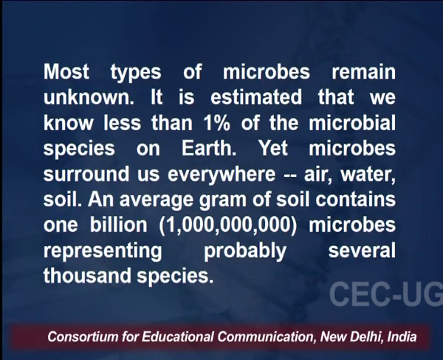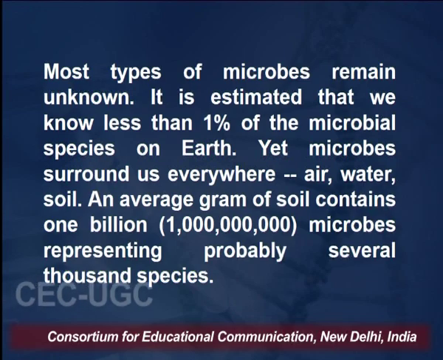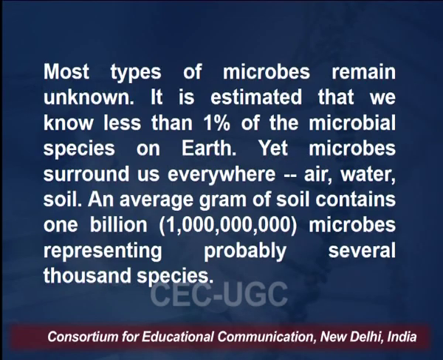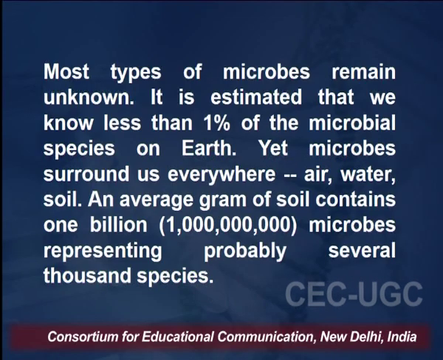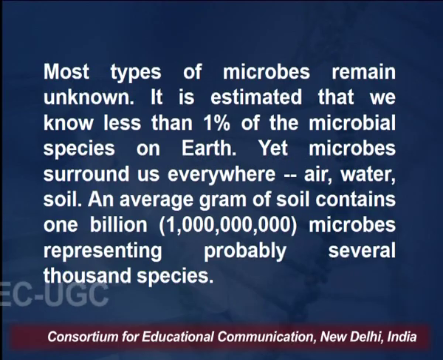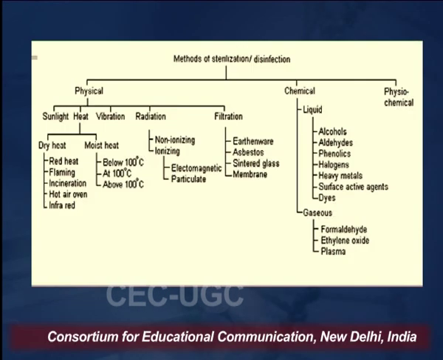All the microbes which are around us everywhere in the air, water, soil are still unknown. And an average gram of soil contains 1 billion microbes, which represent probably several thousand species. So how can we study them?